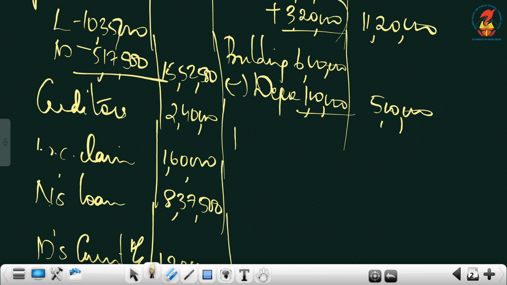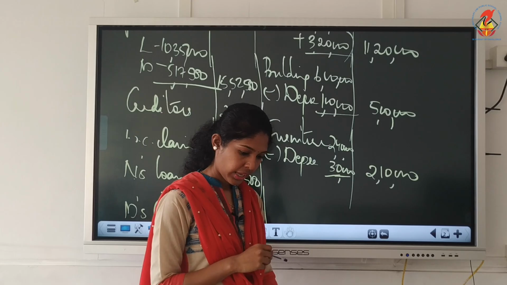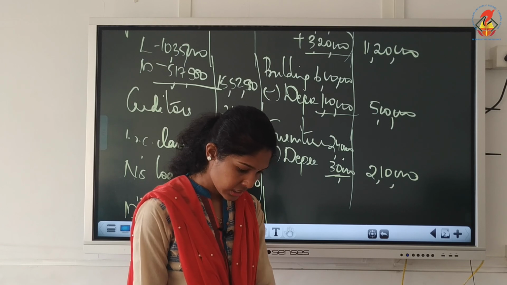Then, furniture is there. Furniture amount is 2,40,000. Furniture also has depreciation of 30,000. So, that is 2,10,000. Next is debtors.